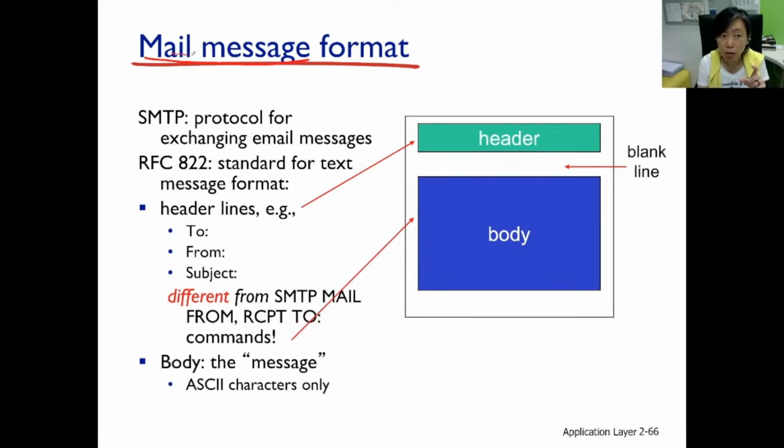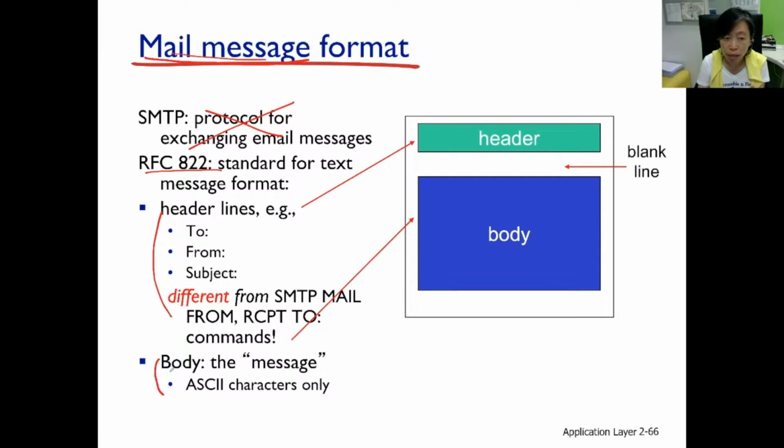The mail messages we're talking about here are the content sent in the data phase. These messages are not control messages for SMTP, so they are not SMTP. The mail message format is defined in another RFC, another protocol.